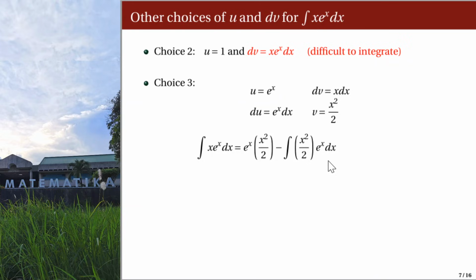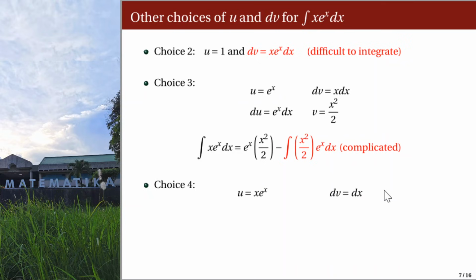Here, parang naging mas komplikado pa siya. Remember, ang gusto nating isolve ay e to the x times x to the 1. Pero this time, x squared siya. So, medyo komplikado. So, ibig sabihin, hindi pa rin natin to kayang i-integrate. Okay? So, sabihin, this is not also a good choice.